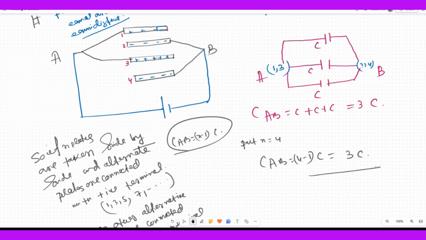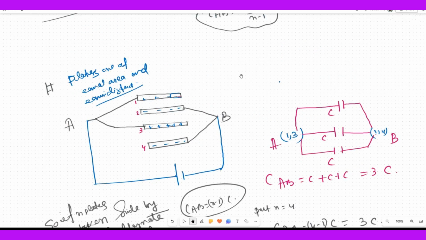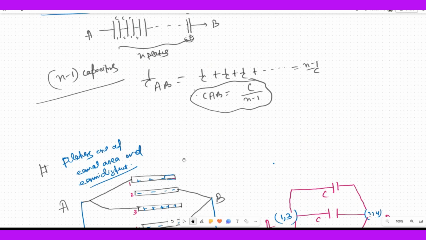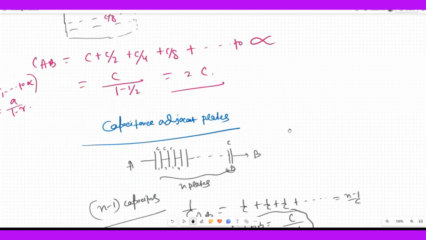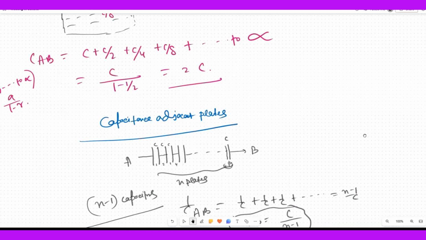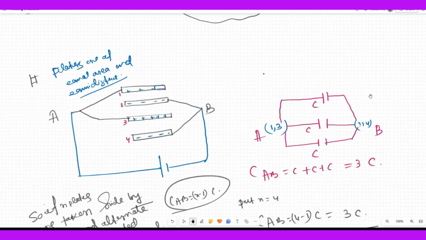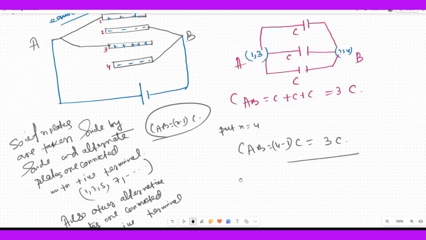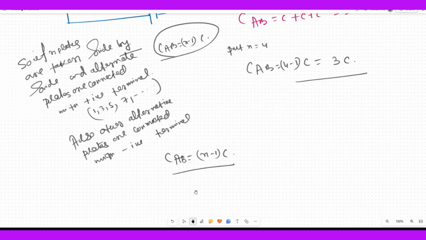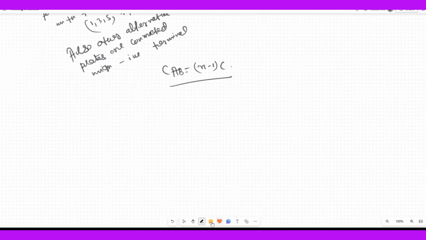Now, let us go for a few more sums of this kind, because when you consider the capacitance of these adjacent plates, many questions may be very confusing for you. This is one of them. How does it come? I hope I have explained in detail.